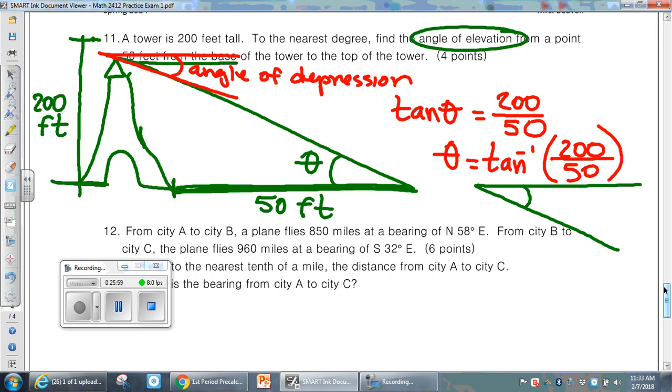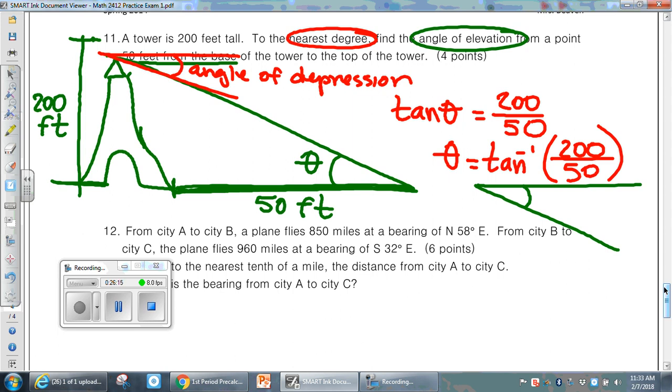I don't have a calculator. Does it say in degrees? To the nearest degree. But do we do it by hand? Well, I will have to give you something that you can do by hand, so it will be an easy one.